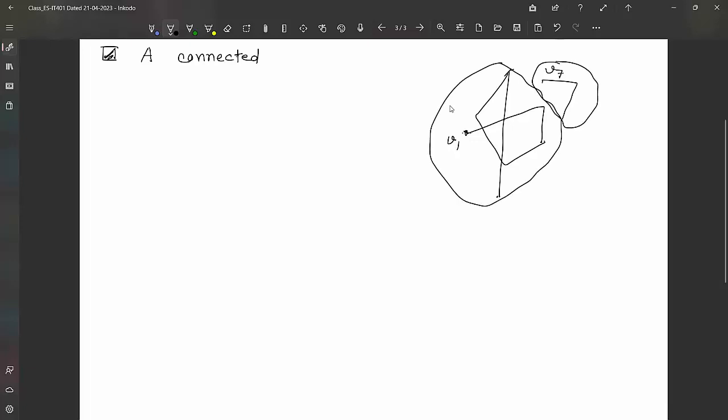So this is a disconnected graph, and these connected portions, G1 and G2, are called the components. In a disconnected graph, the connected portions of the graph are called the components of a graph.